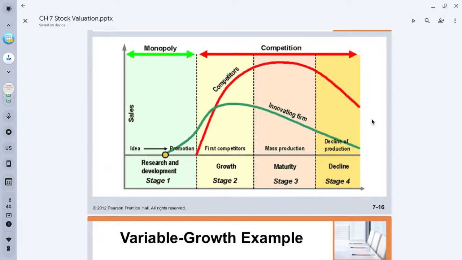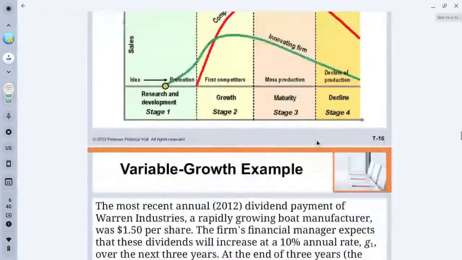And when it is in decline, that's not when we want to invest in this company. So we can eliminate these two phases, and at least we can invest in this company during the first stage and during the second stage, right?